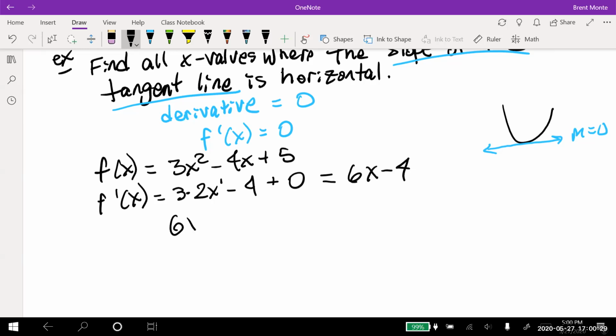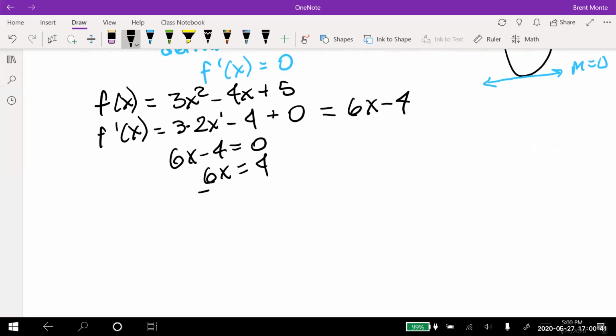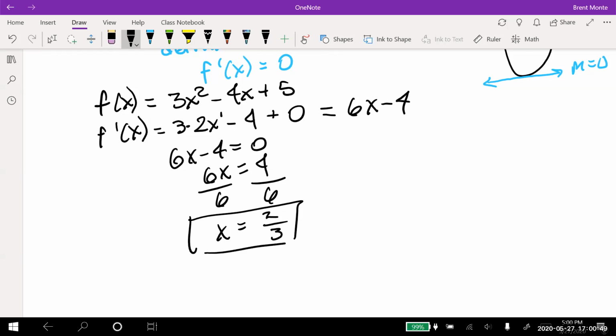So I say, oh, 6x minus 4 equals 0, and I have a nice linear equation to solve. Add 4 to both sides. 6x equals 4. Divide by 6. I'm going to reduce that to 2/3. That's the only x value on the curve where the tangent line is horizontal.